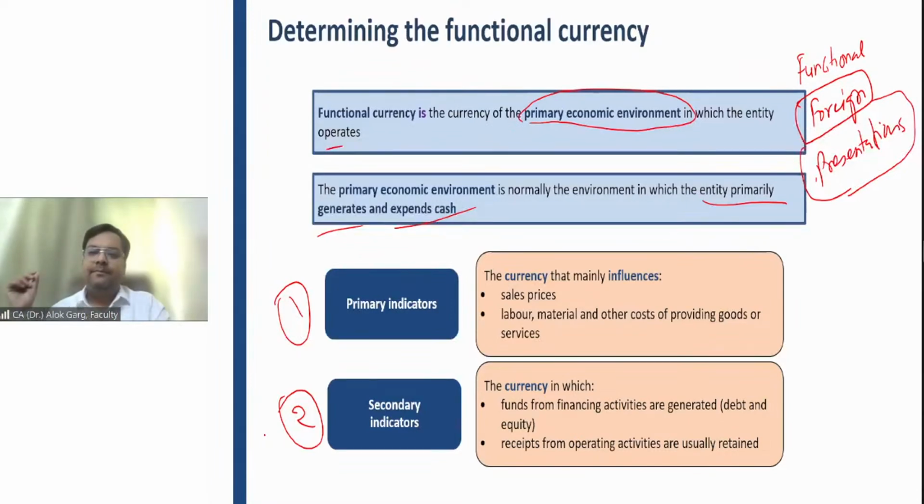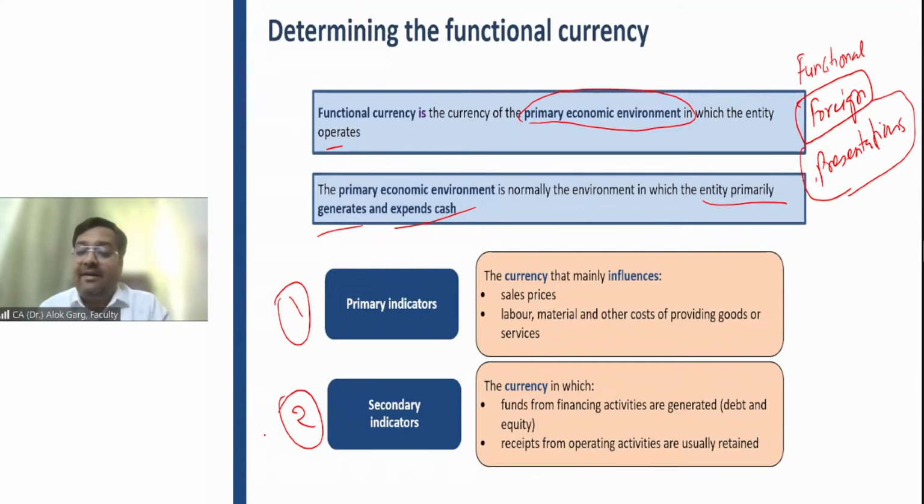For example, the company has raised a debt in the form of external commercial borrowing, and this debt has been raised from the US market, right? So this debt is in US dollars. So combining the primary and secondary indicator, US dollar may be my functional currency.